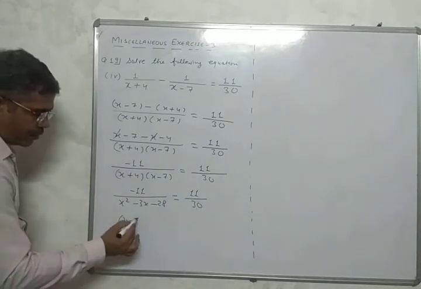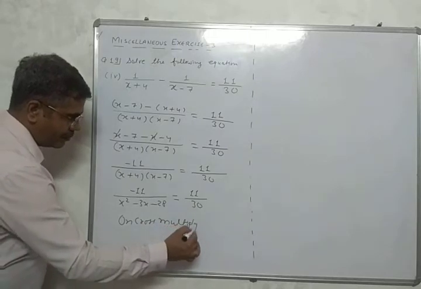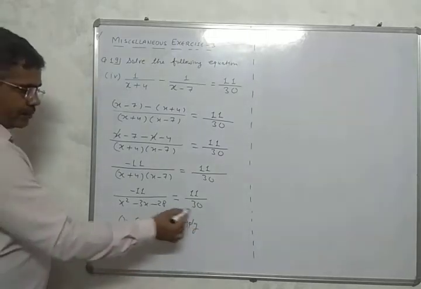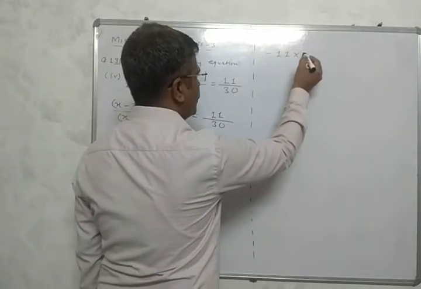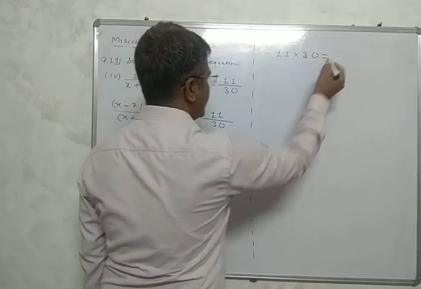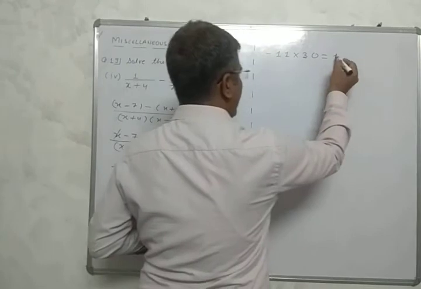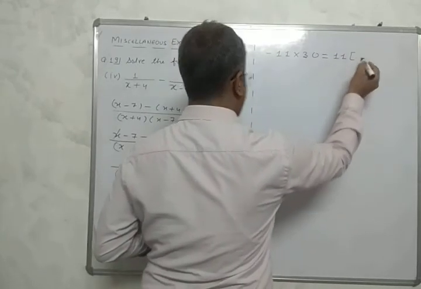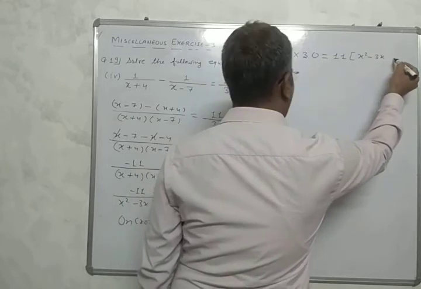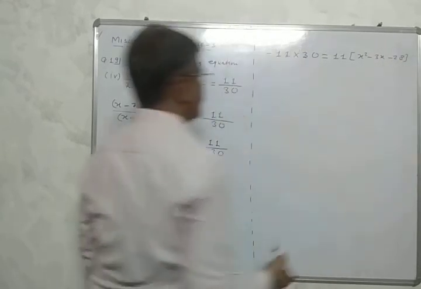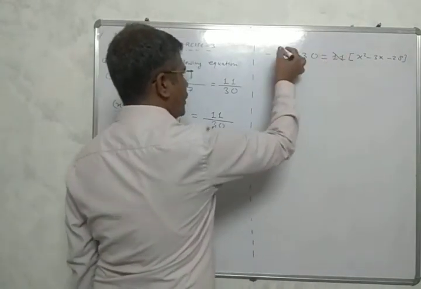On cross multiply, we have minus 11 into 30 equals to 11 into x square minus 3x minus 28. 11 and 11 cancel out.